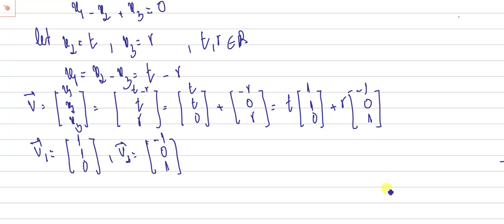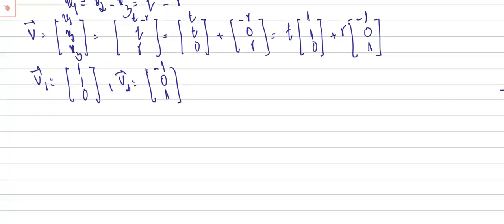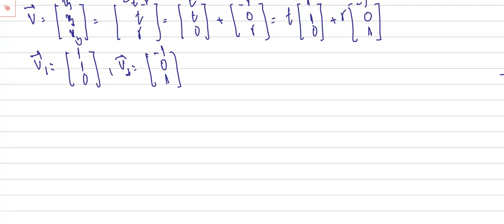Now we just find the eigenvector for lambda equal to 4.